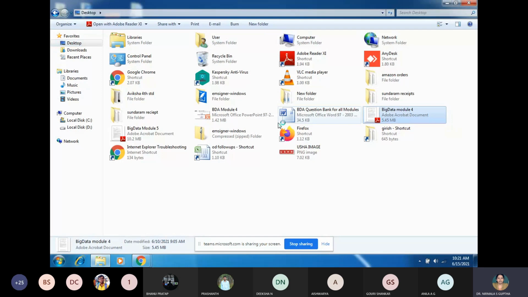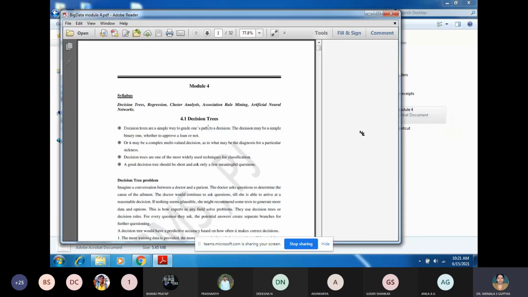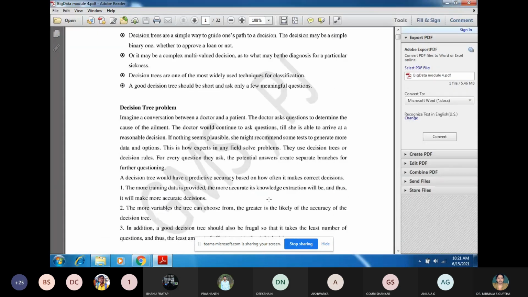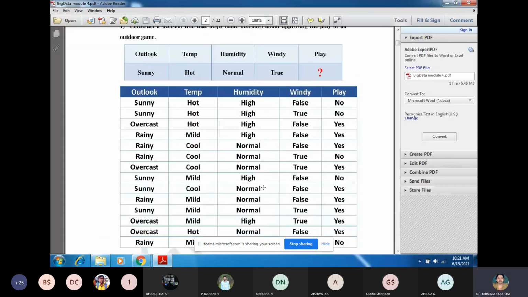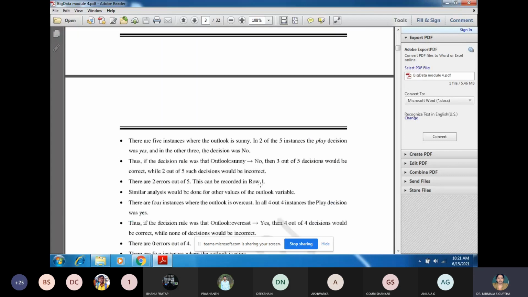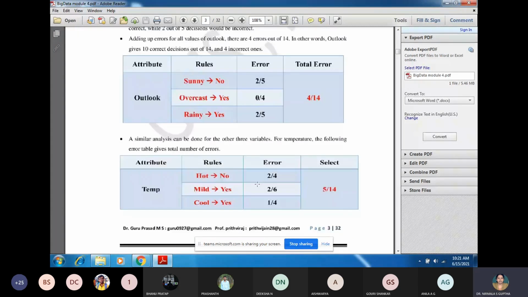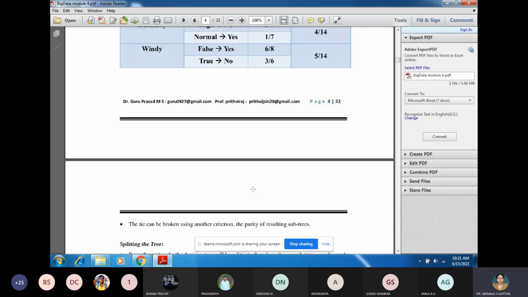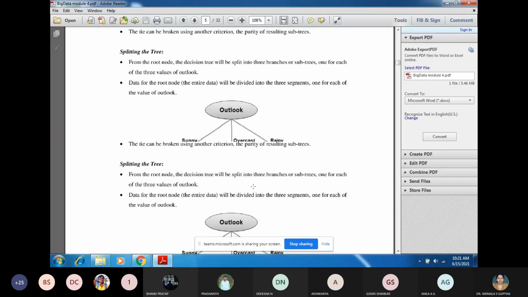Let me increase the size. Is it visible? I need the data set to explain the non-linear regression model.